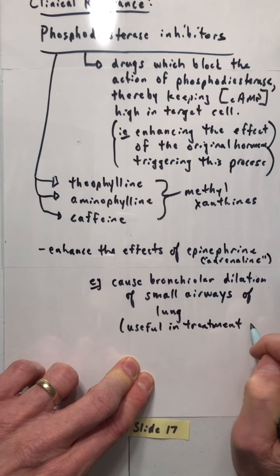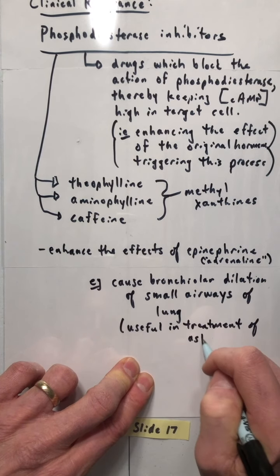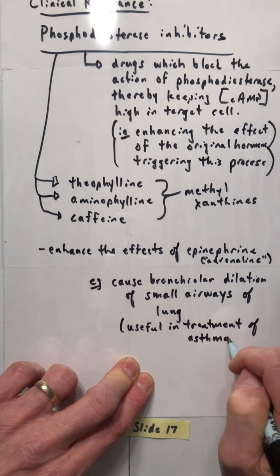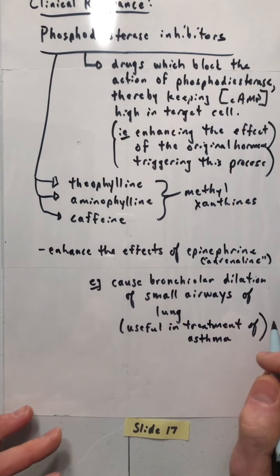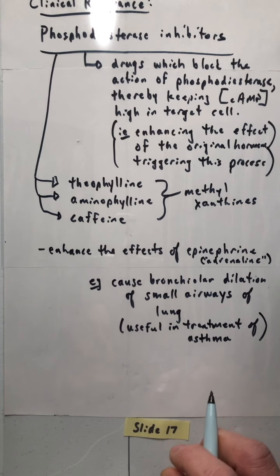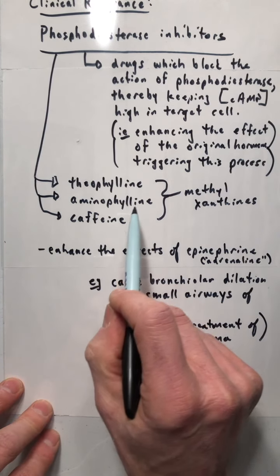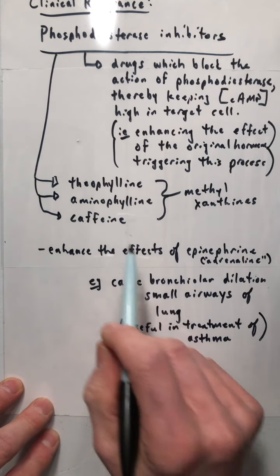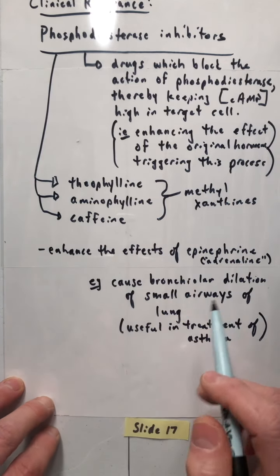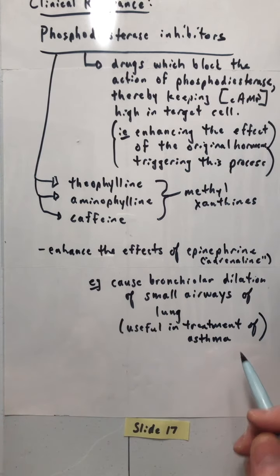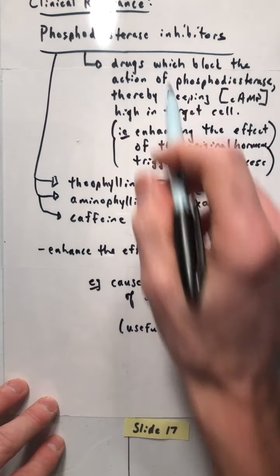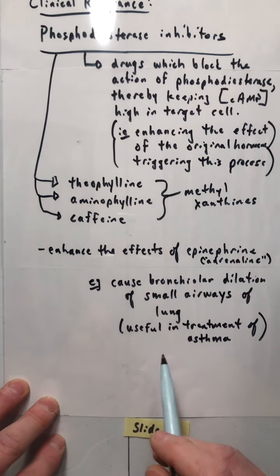So a life-threatening condition, asthma, in which your small airways are too constricted down, can be treated somewhat effectively with either oral theophylline or, in a severe case in the emergency room, IV aminophylline, intravenous aminophylline, as a result of this. And so that's just one example of how phosphodiesterase inhibition might be useful clinically.